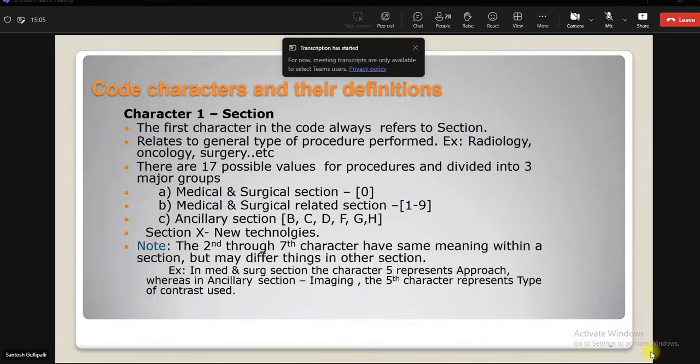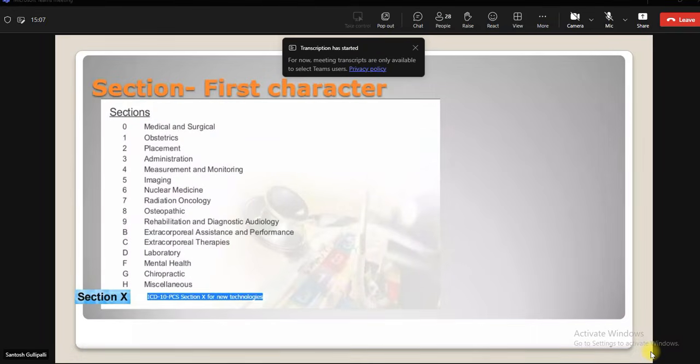The medical and surgical section has the character value 0. 1 is obstetric section, 2 is placement, 3 is administration, 4 is measurement and monitoring, 5 is imaging section, 6 is nuclear medicine, 7 is radiation oncology, 8 is osteopathic, 9 is rehabilitation and diagnostic cardiology.